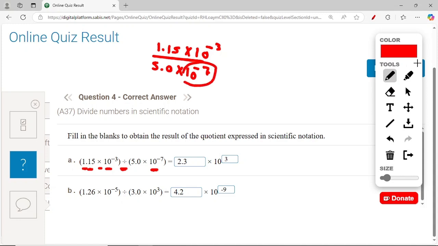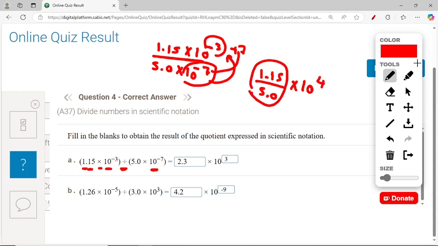We'll flip this, so it will be 1.15 divided by 5 multiplied by 10 to the power of minus 3 and plus 7, so it will be power of 4.